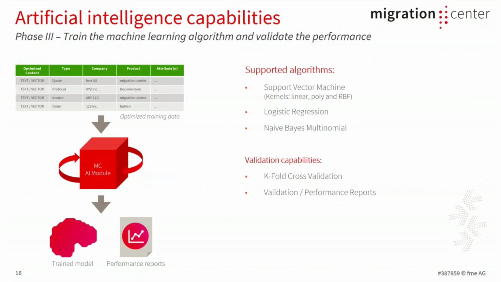You can play around with that and test the quality of the result, and validate the trained algorithm based on a k-fold cross-validation process, which results in a validation or performance report of the trained algorithm. But you will see that later on quickly in the demo.